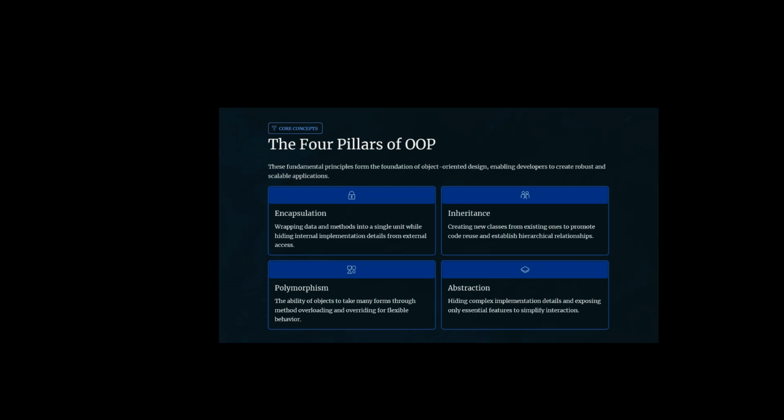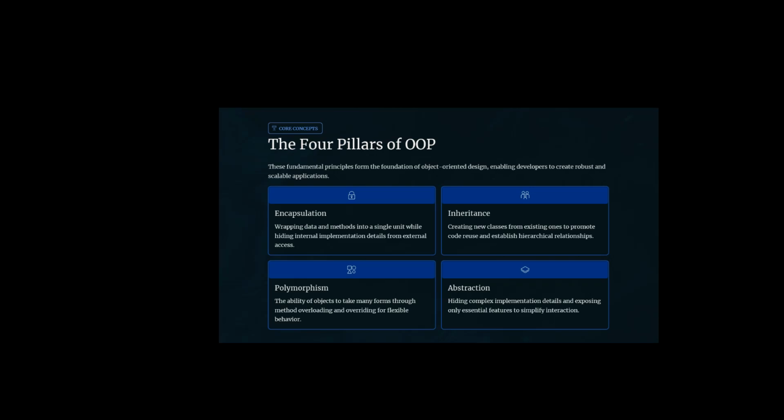Well, if we already have certain classes existing, we would be creating new classes from these already existing classes to establish a hierarchical relationship. So from the parent class, we will be creating new child classes, and that is inheritance.